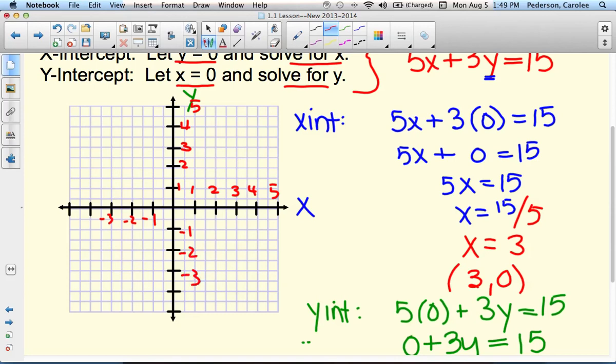Our x-intercept was positive 3, so on the x-axis we go over 3 and create the ordered pair (3, 0). Then our y-intercept was 5, so on the y-axis we go up 5 places: over 0, up 5. Now you just connect the 2 points, and you have your linear function graphed out by finding the x and y-intercepts.